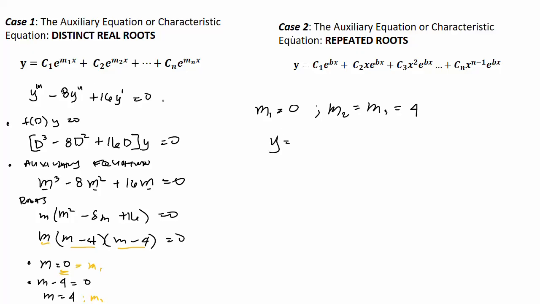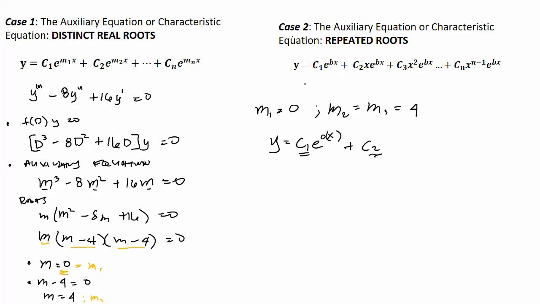Okay, so since we have a distinct root by having this 0, we copy this part, so we have c sub 1 e to the 0x, since m sub 1 is 0, plus c sub 2, continue the numbering of your constant.